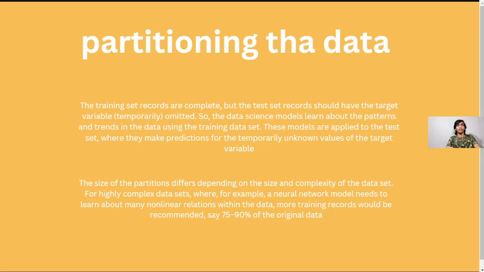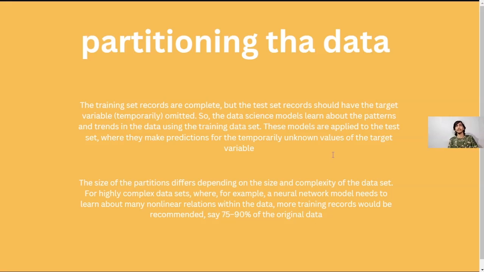The size of the partition differs depending on the size and complexity. For highly complex data sets, where, for example, a neural network model needs to learn about many non-linear relations within the data, more training records would be recommended, say 75 to 90% of the original data.